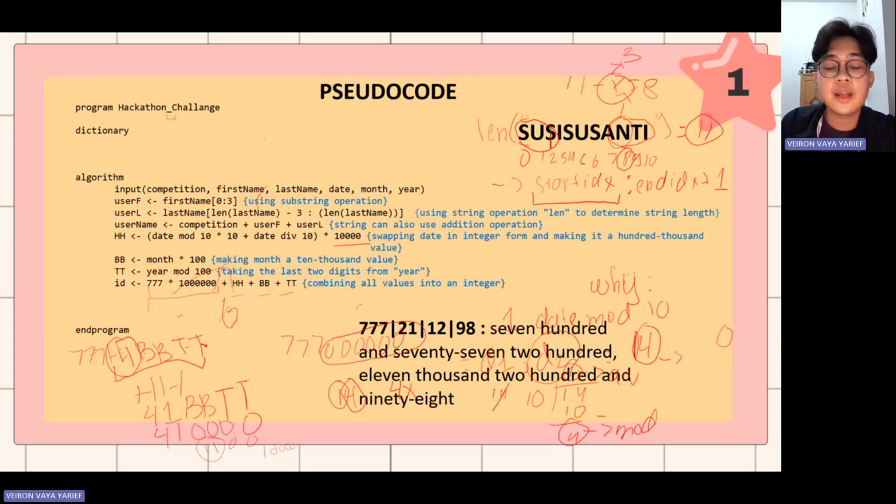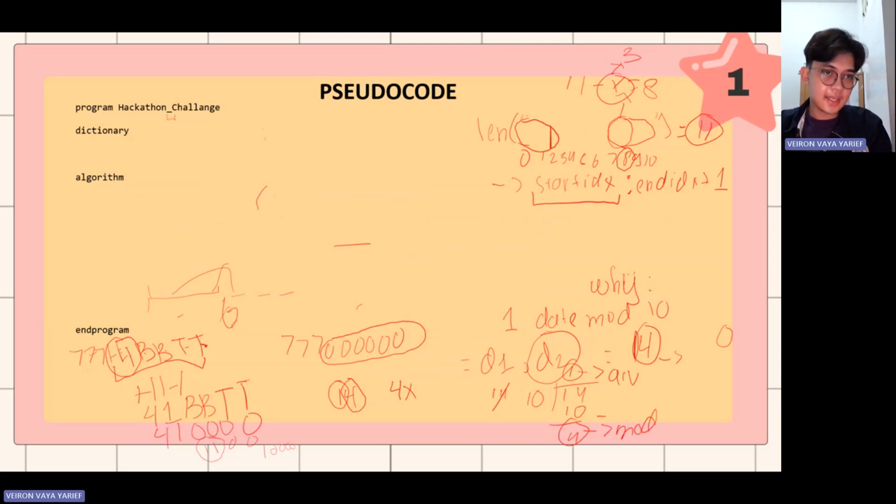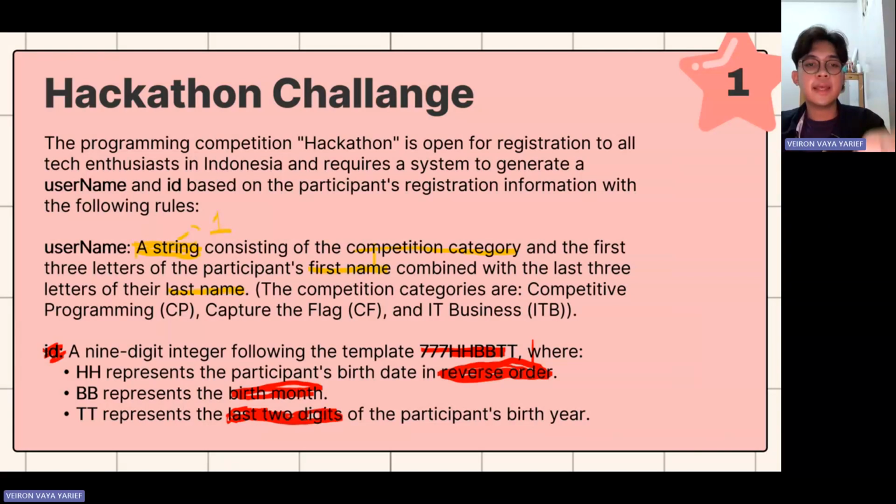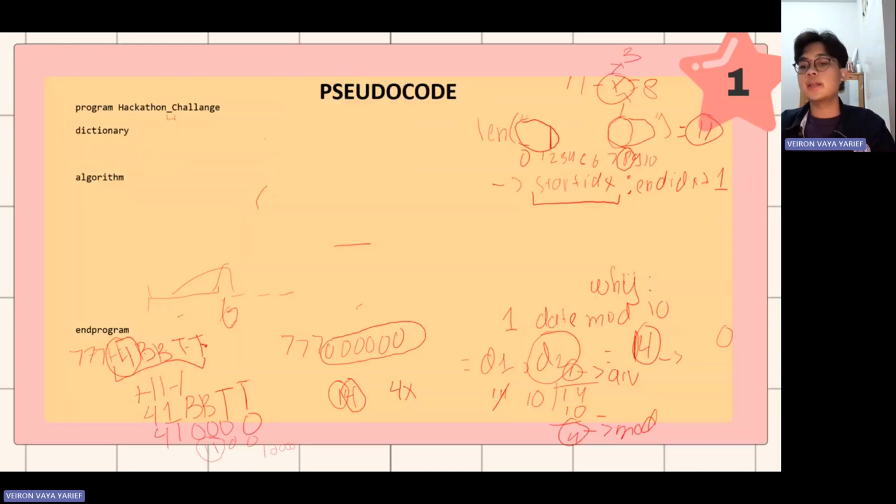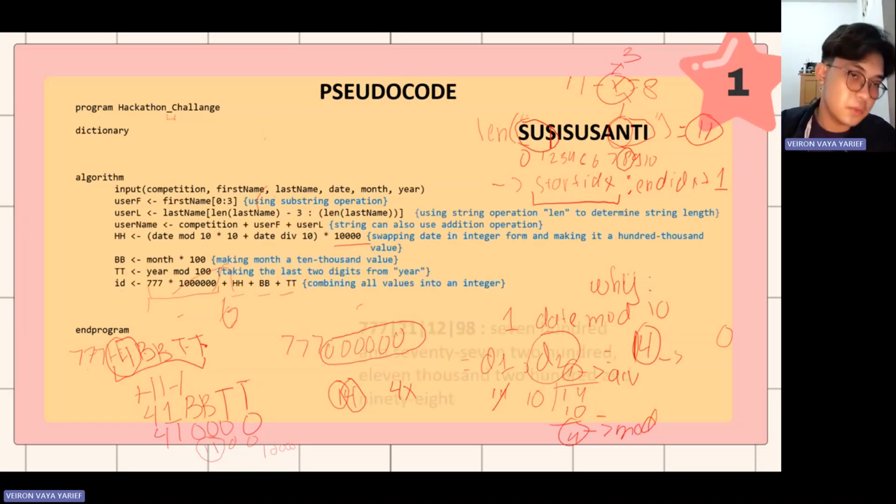Read it like 777,211,298. Read it as a whole number, one number. Don't think about outputting one by one, because the question says a 9-digit integer following the template. Always identify the question. That's how you do it.